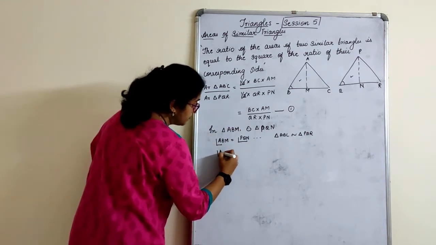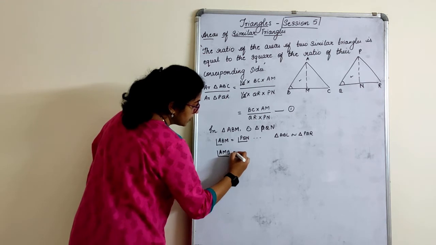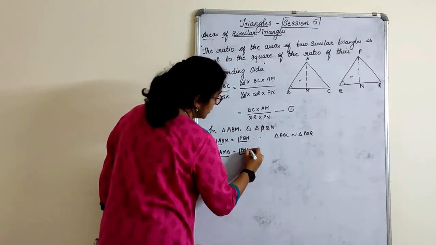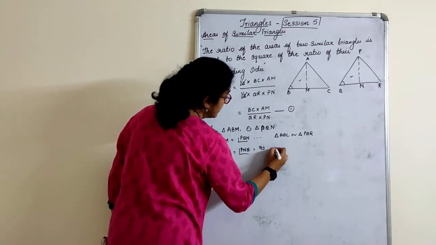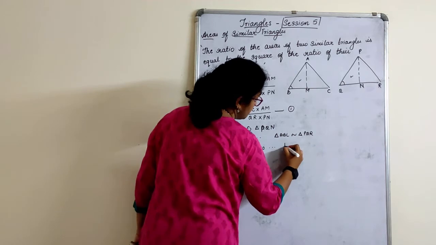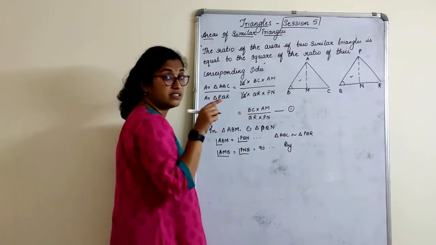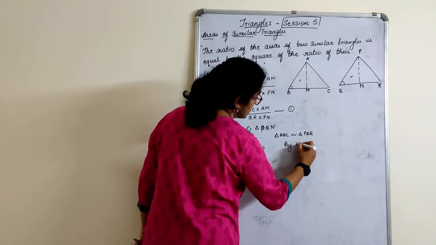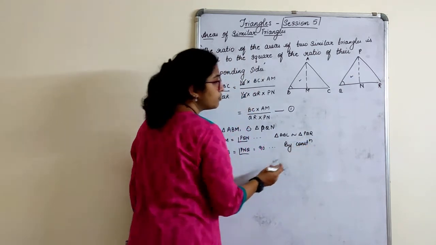Angle AMB is equal to angle PNQ is equal to 90 degrees. Given? Not given, by construction. We have constructed the altitudes, they are perpendicular, by construction. Two angles are equal.